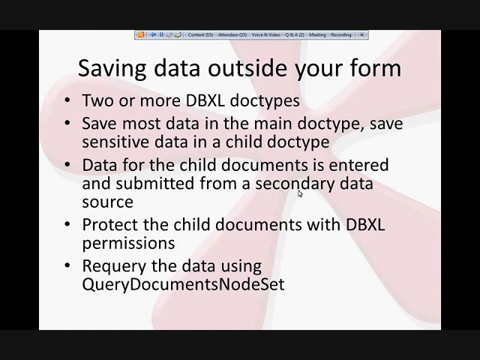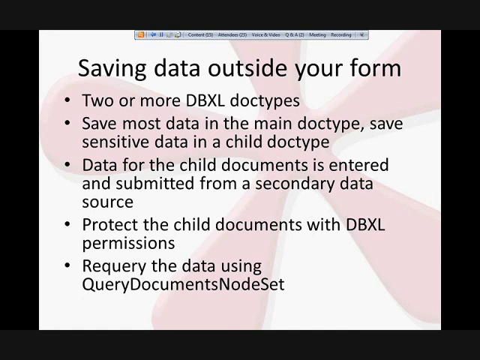To get the data back, you can use DBXL's query documents node set, which is a web method that allows you to query data directly from the XML of documents stored in DBXL. And the nice thing about this is that it will enforce permissions.